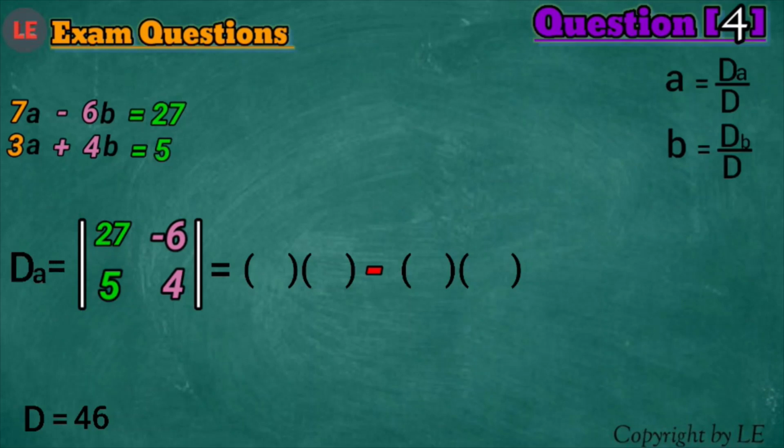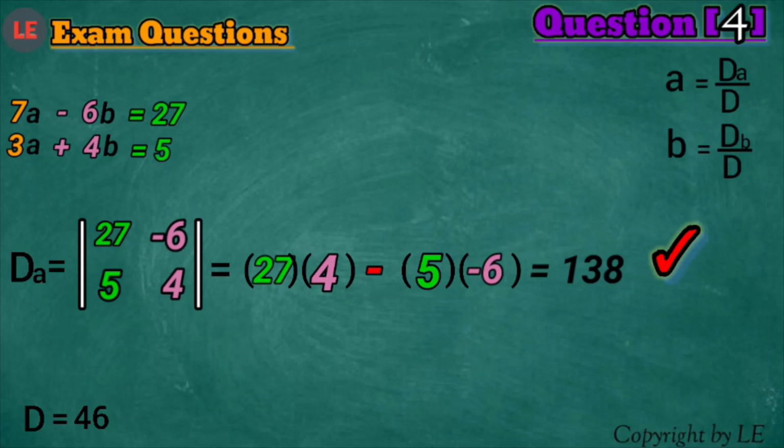Then evaluation follows. 27 multiplied by 4, apply the minus sign, thereafter take this 5 multiplied by negative 6. We get the determinant with respect to a to be 138.